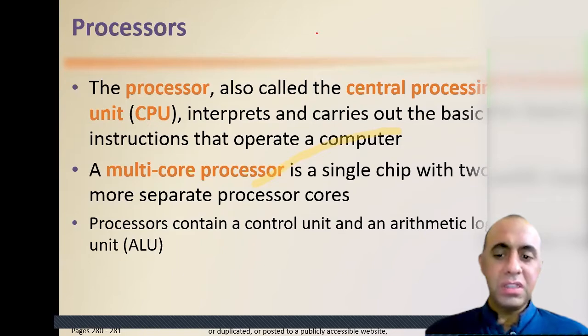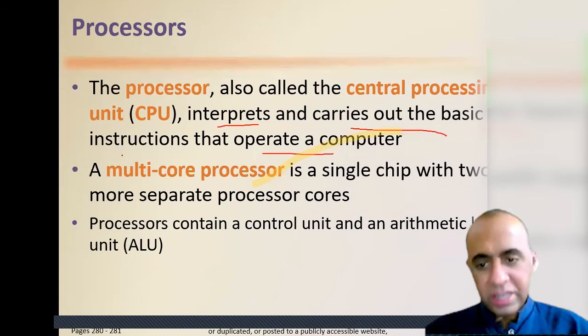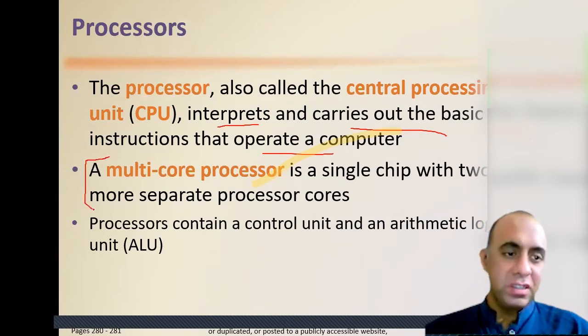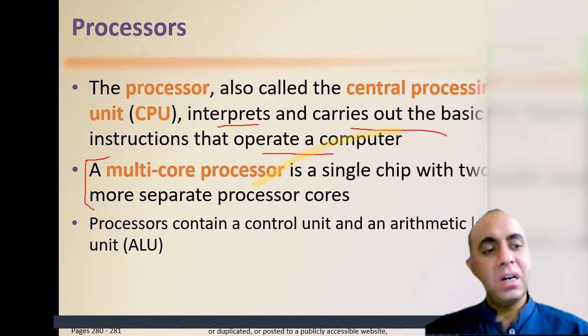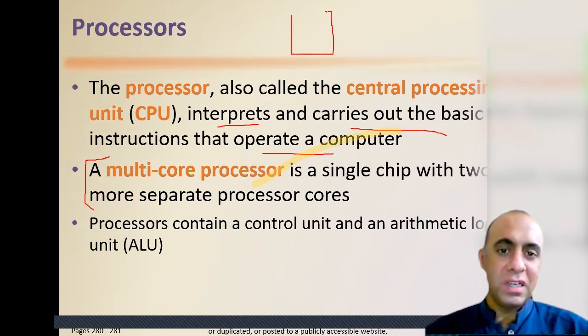So the CPU is the part which interprets and carries out the basic instructions that operate your computer. In modern times, you see processors with multiple processors inside. When you purchase a mobile device, you see that they have written that there are 8 processors inside. Actually, when you open up your mobile device, you can see only one processor.